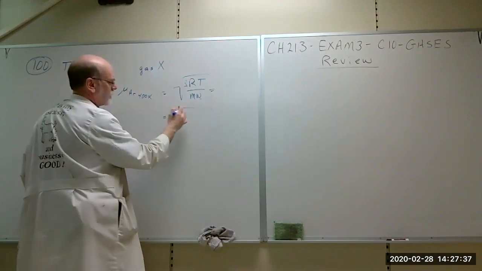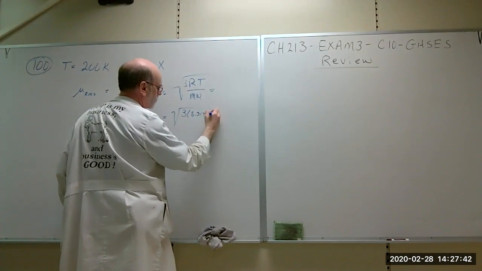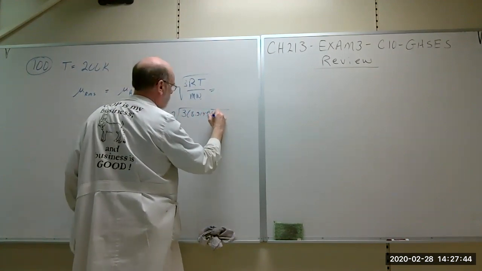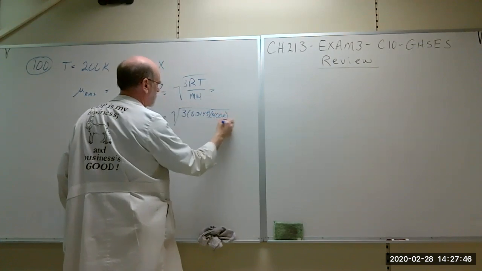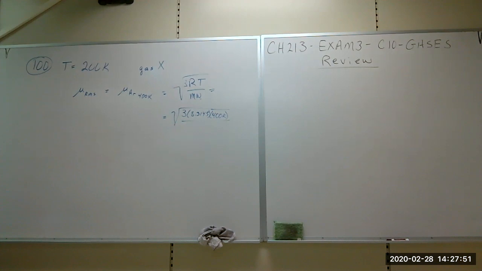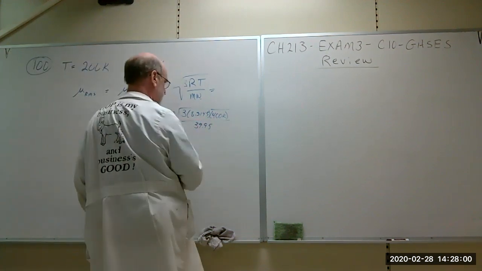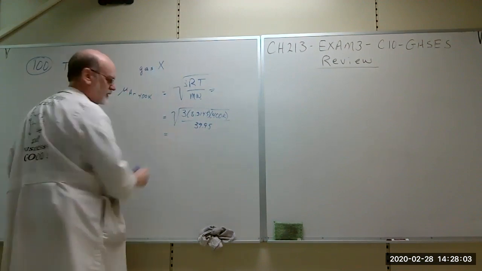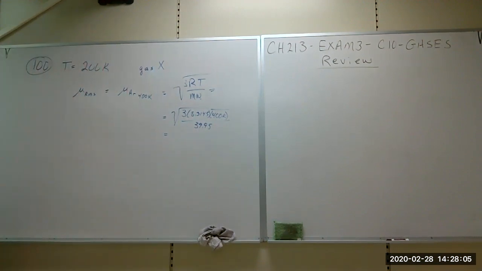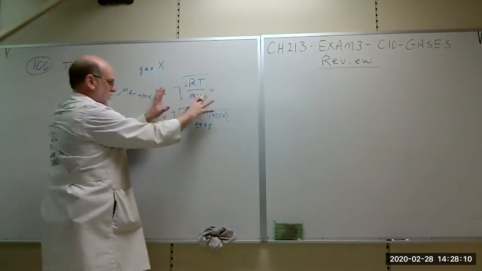So this is for argon at 400 K, divided by its molar mass, 39.95. Actually, this is argon right here.